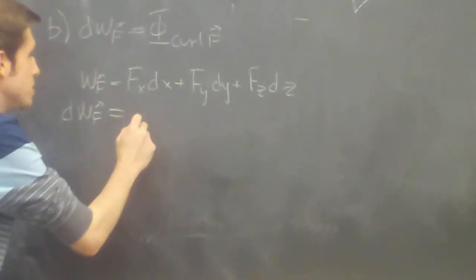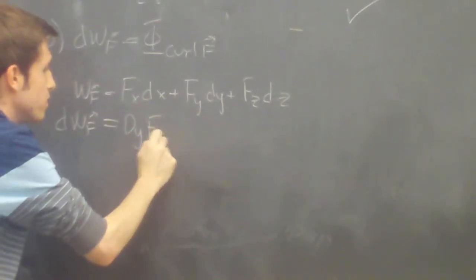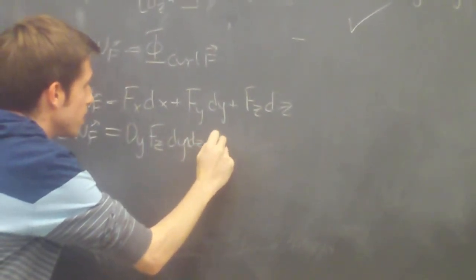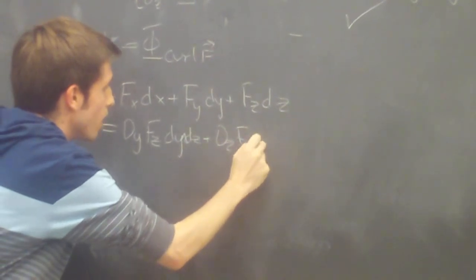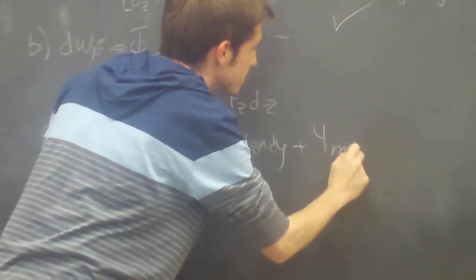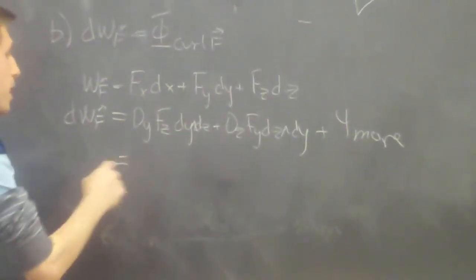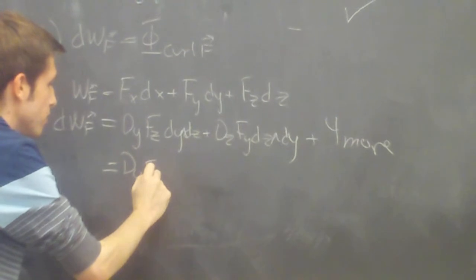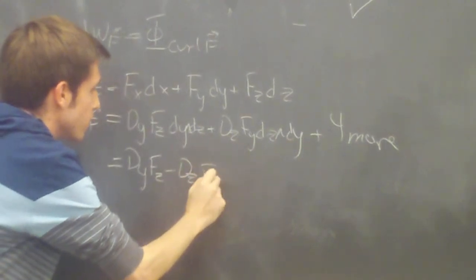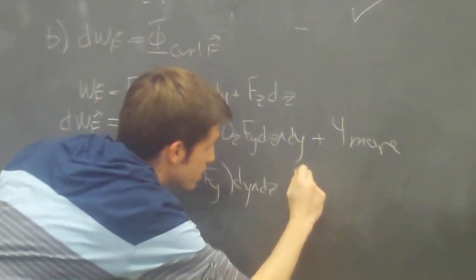So if you do, you get the derivative with respect to y of f of z, dy wedge dz, plus the derivative with respect to z of f of y, dz wedge dy, plus 4 other more terms that I'm going to ignore. If you rearrange and combine these, you would get the derivative with respect to y of f of z minus the derivative with respect to z of f of y, times dy wedge dz, plus 2 other terms.